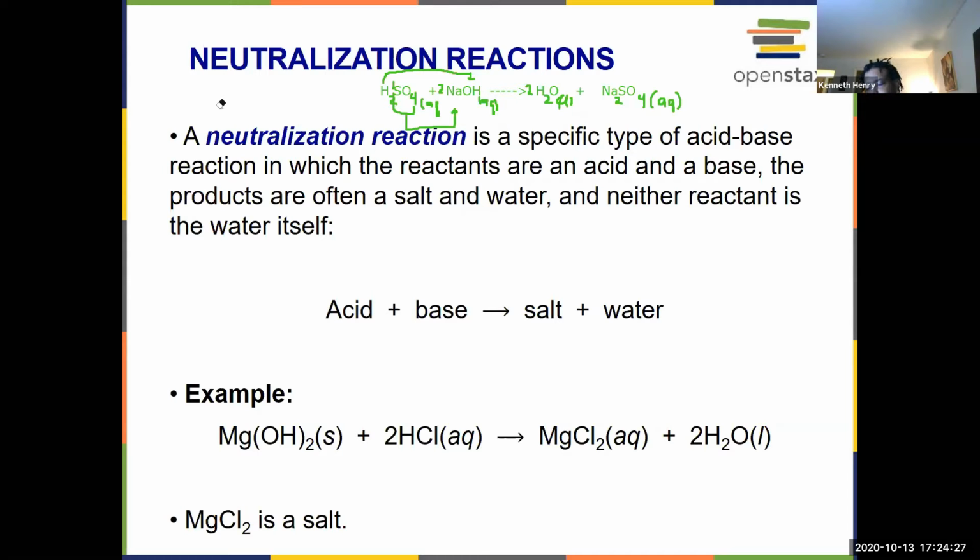What else? Did we go over precipitation reactions? There's another name for them. Oh, it's like double displacement. Double displacement, yes. Okay, and then what was the other one that we started with?